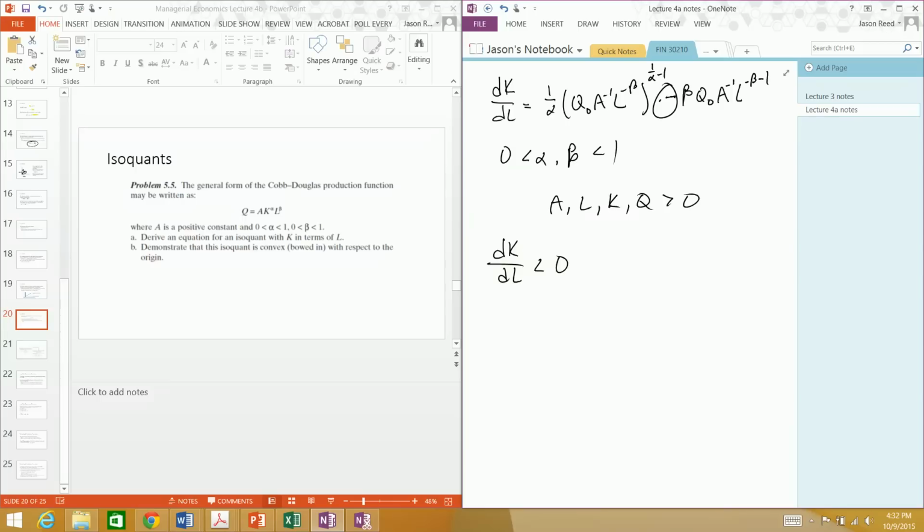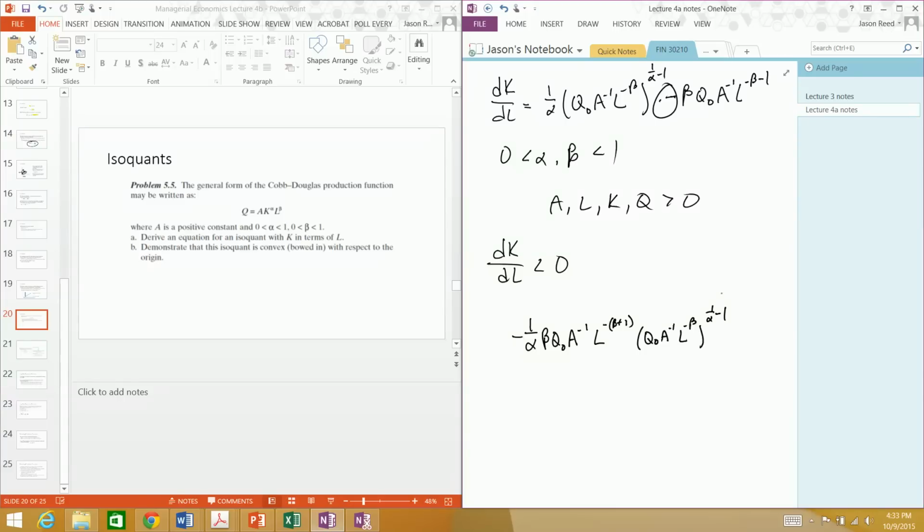In order to take our second derivative, let's clean this up a bit so that we have negative 1 over alpha beta, Q sub naught A sub naught, and then we have L to the beta plus 1, and we have Q sub naught A to the minus 1 L to the negative beta, 1 over alpha minus 1. Okay, so we could distribute this out, and that would be fine to do.